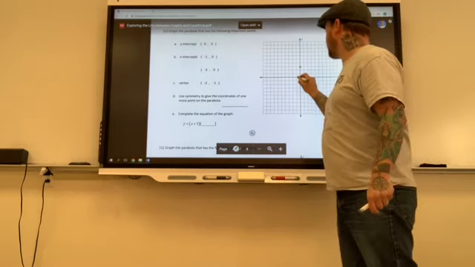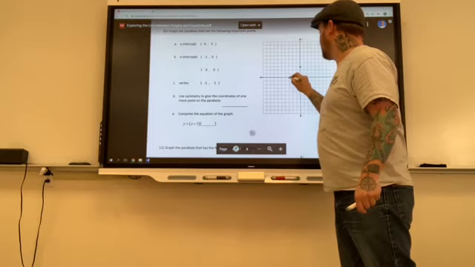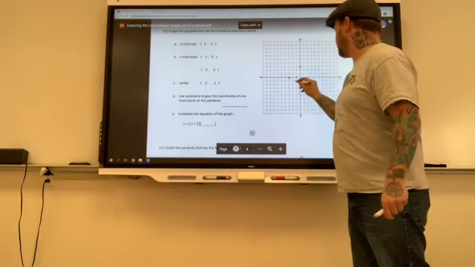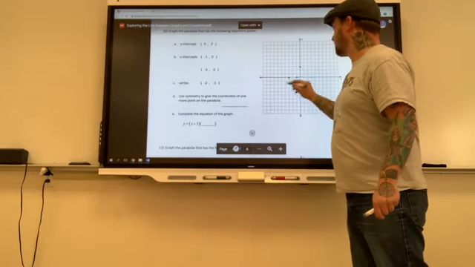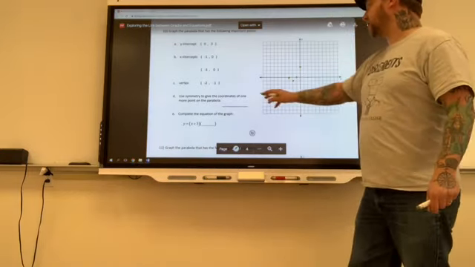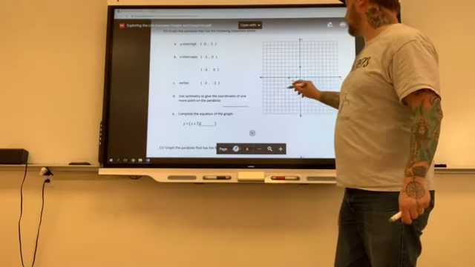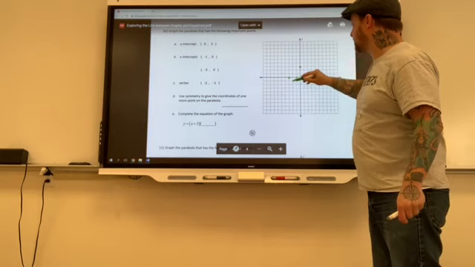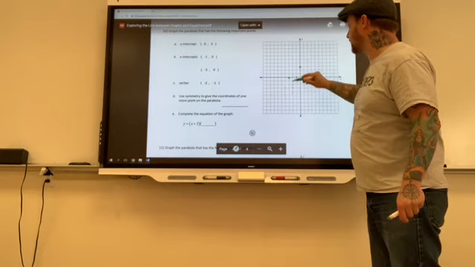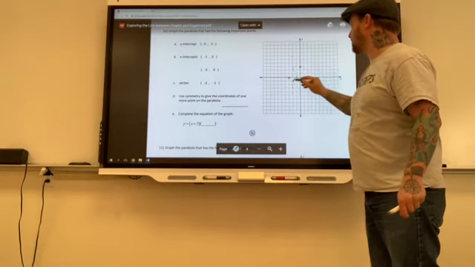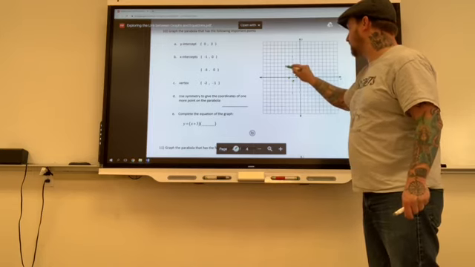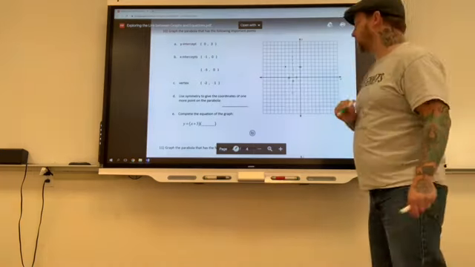X-intercepts are -1 and -3. Vertex is (-2, -1). Use symmetry to give the coordinates of one more point on the parabola. So remember, we've got an axis of symmetry which is going through the vertex, right? So this is 1 apart. These two should be 2 apart.